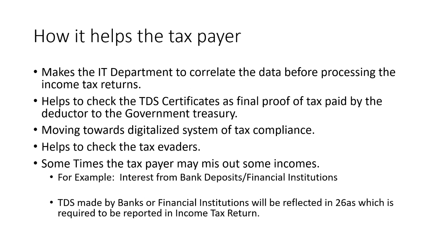What is the help that 26AS will provide to the taxpayer? It makes the income tax department correlate the data before processing the income tax returns. I have been telling you, when an income tax return is filed, in the case of an individual, they will check on a random basis.